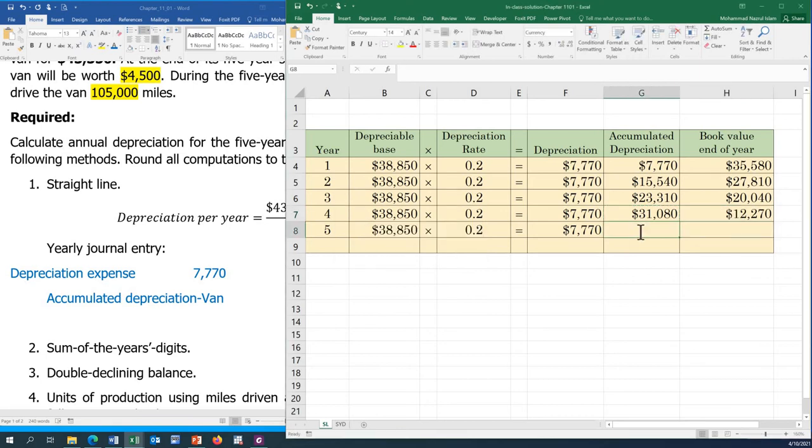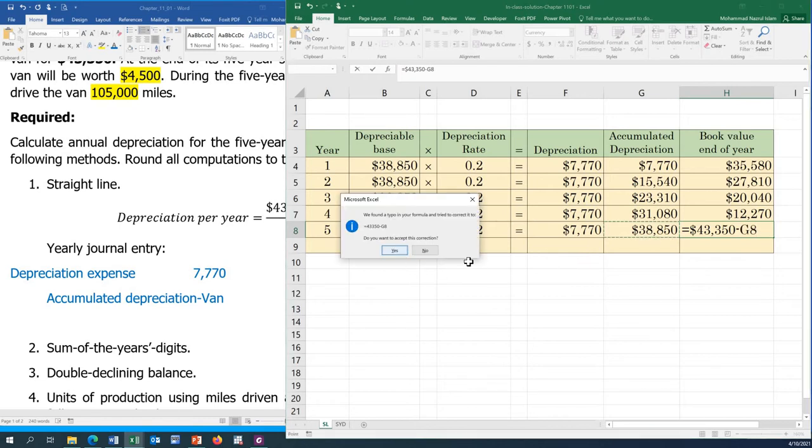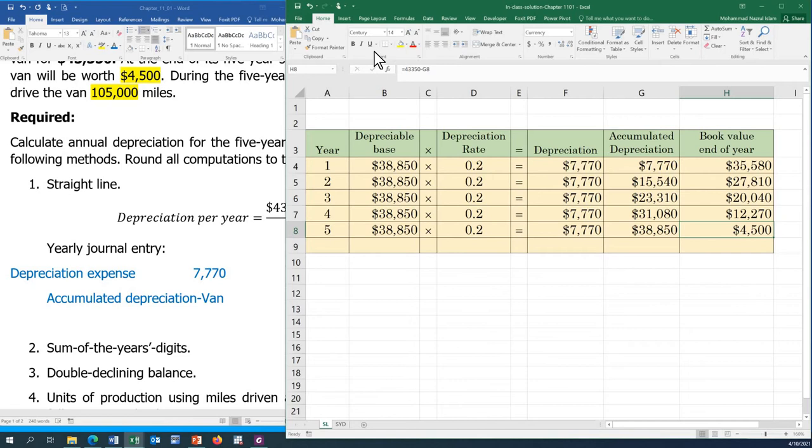The same way for the fourth year. For the fifth year, the accumulated depreciation until the fourth year plus the fifth year's depreciation, and 43,350 minus the fifth year's accumulated depreciation is our end of year book value.